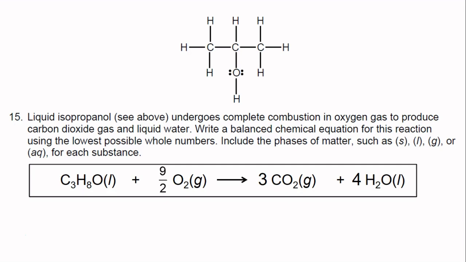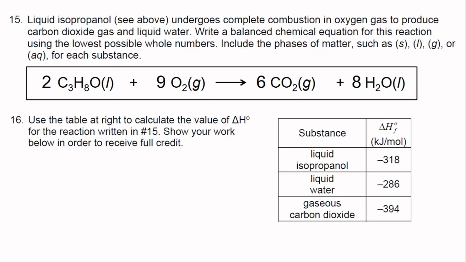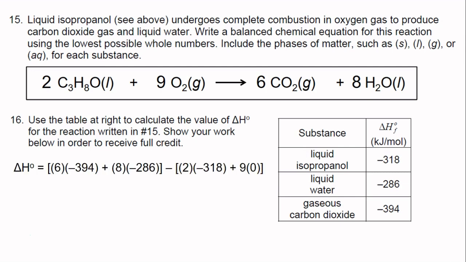I might leave it like this, except it does say using the lowest possible whole numbers. Let's go ahead and multiply each coefficient by 2. So our final coefficients are 2, 9, 6, and 8. All right, moving on to the heats of formation for this combustion reaction. We have products minus reactants.